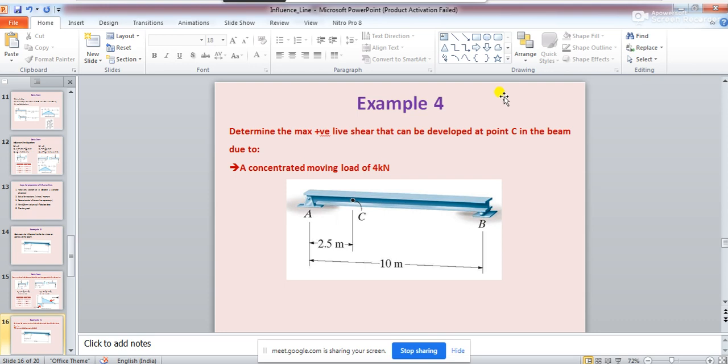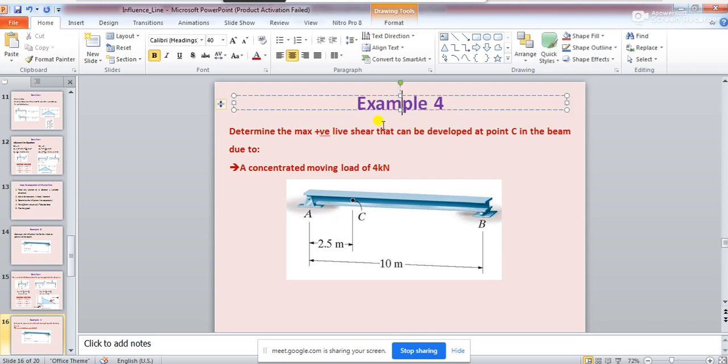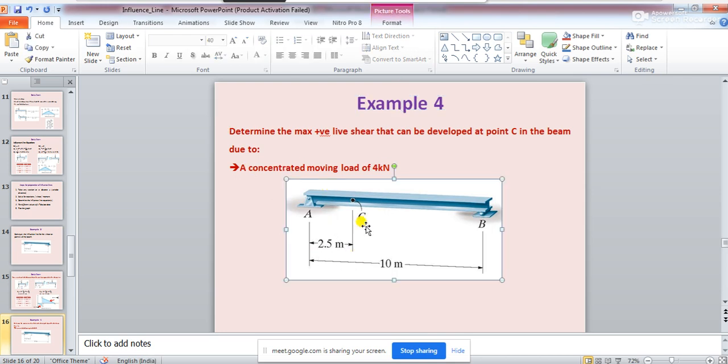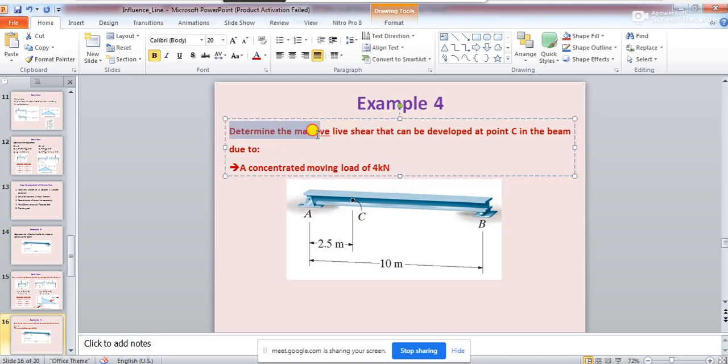See, this example number 4 is a very simple problem. The solution part looks very simple, but before that you will have to do something else also. First, determine the maximum positive live shear. Live shear means because of the moving load.